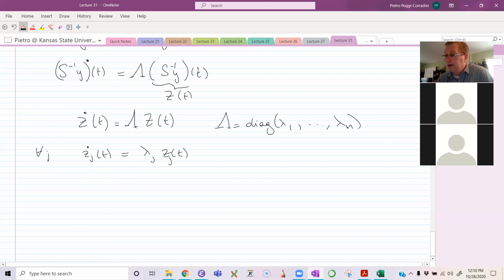These are very simple population dynamics type things. You can separate, do you remember how to do this? dzj over zj equals lambda j dt. Basically separate the variables.